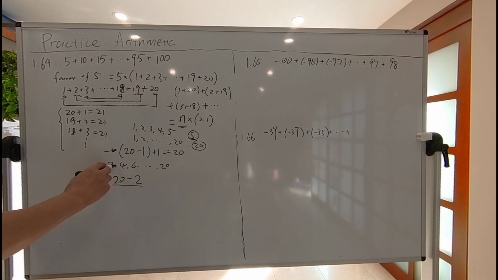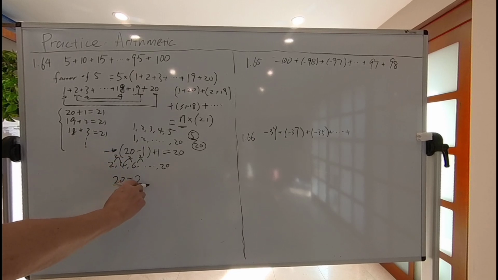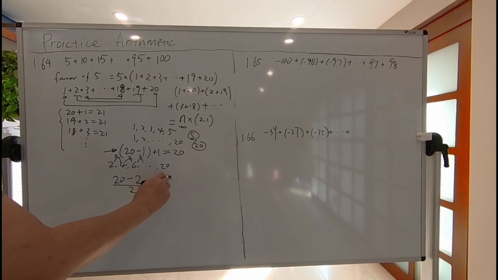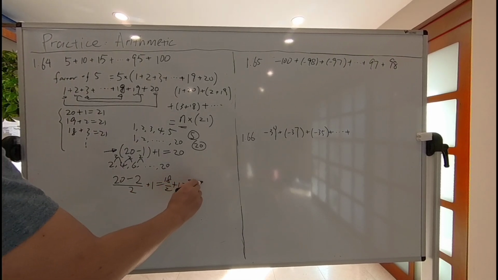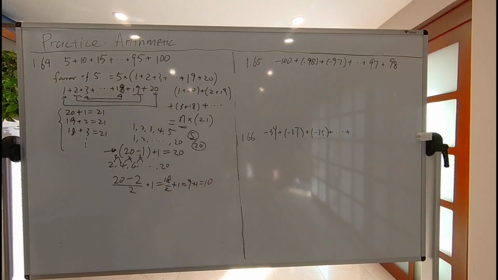However, this time they have a constant, the same difference from number to number, and this difference is 2. So I divide by the difference and still plus 1, and I will get 18 over 2 plus 1, which is 9 plus 1, which is 10 counts, right? It's what we guessed at the beginning, right?